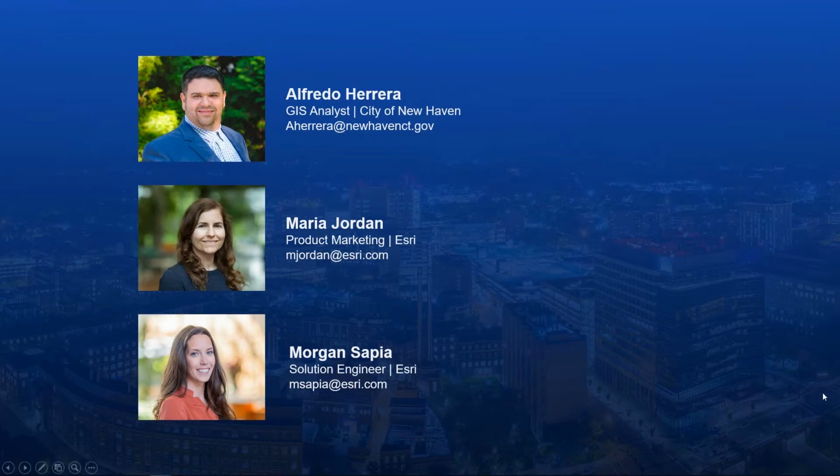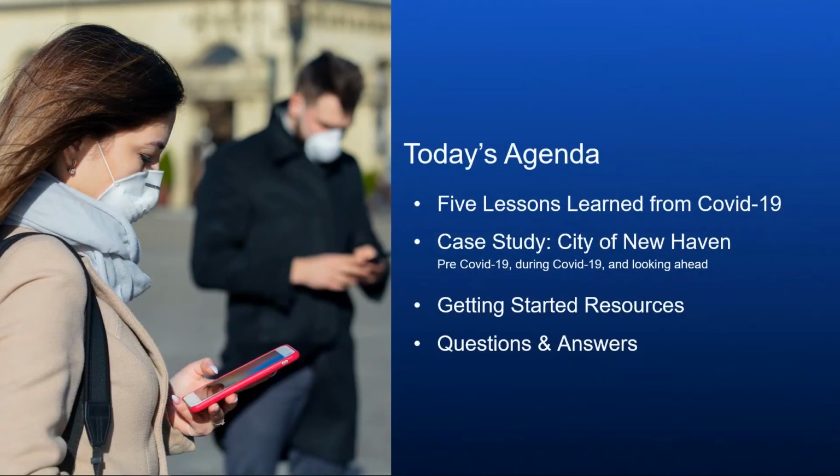Now I'd like to go over our agenda for the day. These are the areas that we'll cover during today's webinar. First, we'll go over the 5 lessons learned from the COVID-19 response and what people have learned from using our ArcGIS Hub templates. Then we'll go into a case study about the City of New Haven's work.